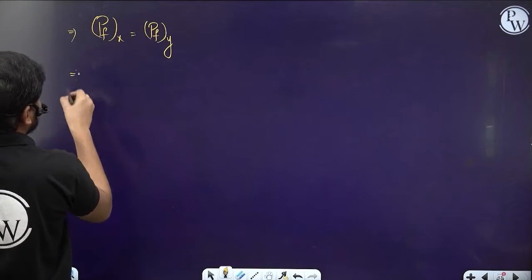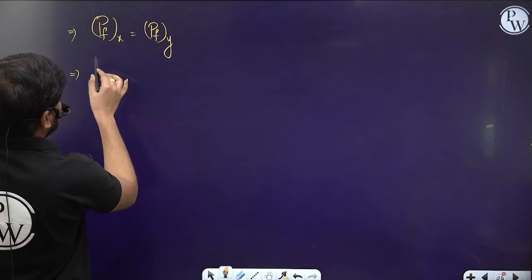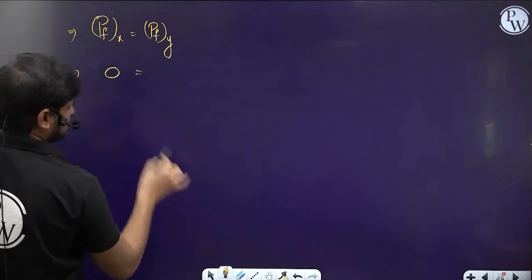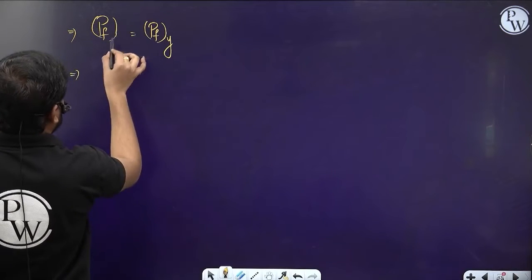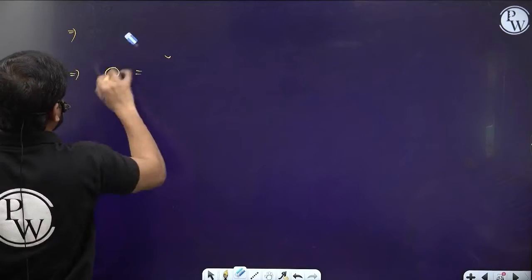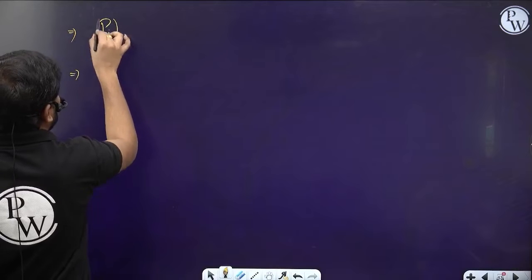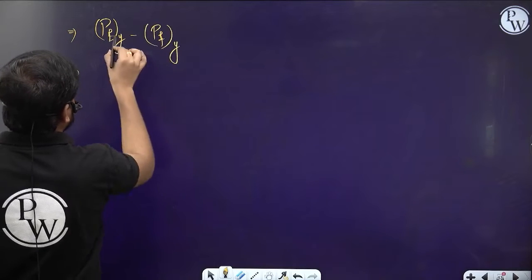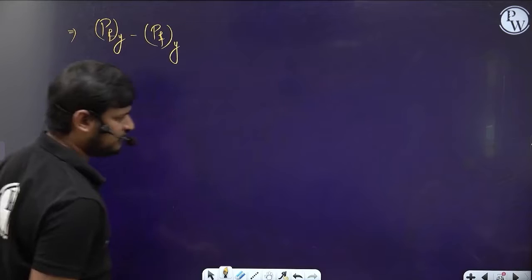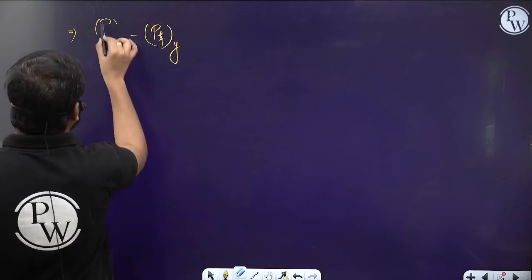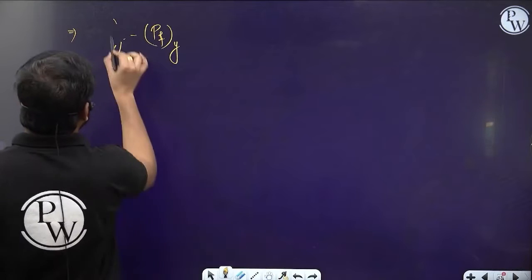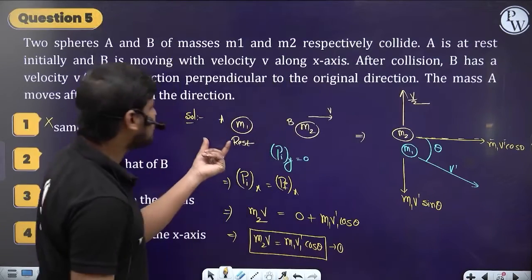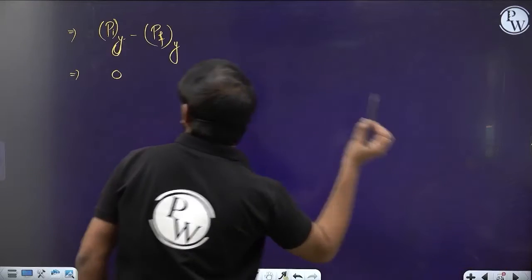Initially one is at rest and the other is moving only in the x direction, so its momentum in the y direction is 0.